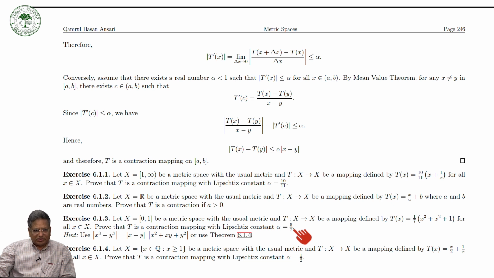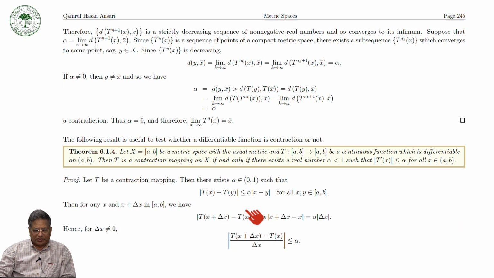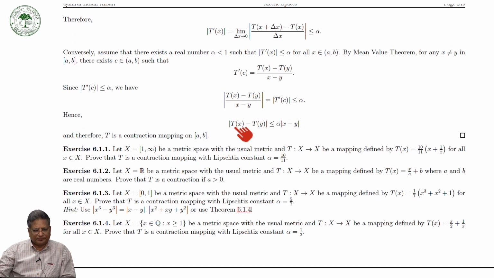There are two ways to prove this. Number one, you use the previous theorem which we have proved, because this is a closed interval and T is continuous and differentiable, defined on the closed interval AB.